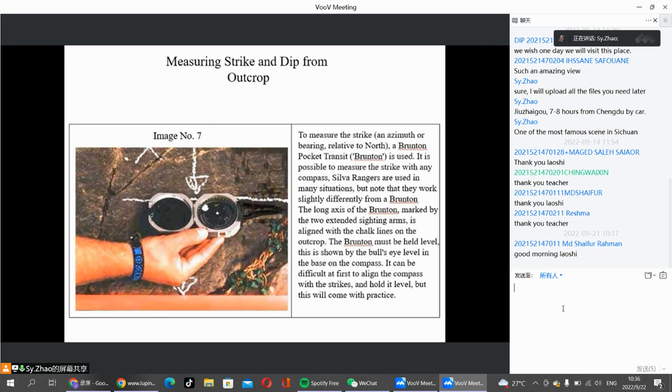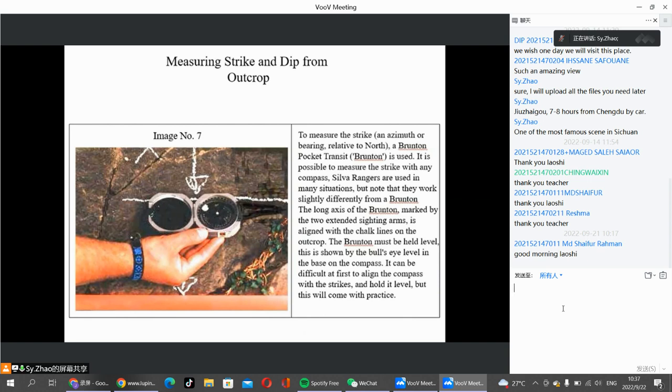And Silva Rangers are used in many situations, but note that they work slightly differently from Brunton compasses. The long axis of the compass, marked by the two extended sighting arms, is aligned with the chalk lines you see on the outcrop, and the compass must be held level.